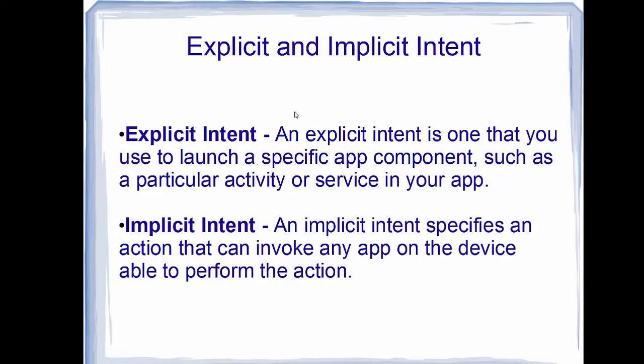So with explicit intent, you are able to invoke an activity within your app. And with implicit intent, you can invoke an activity or some component from the other app which is present in your device. So let's get started and see how we can use implicit and explicit intent in Android.